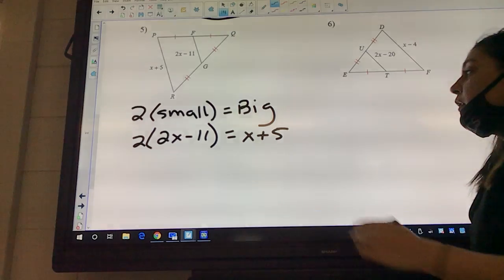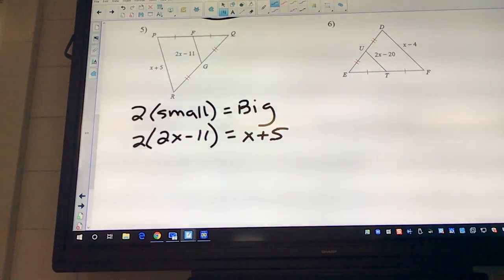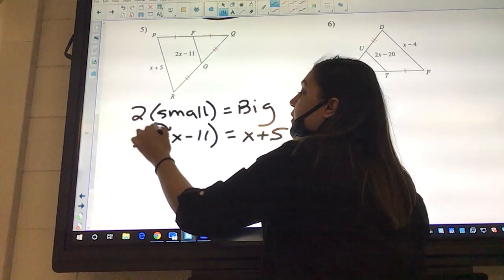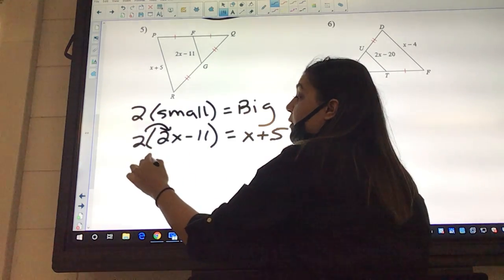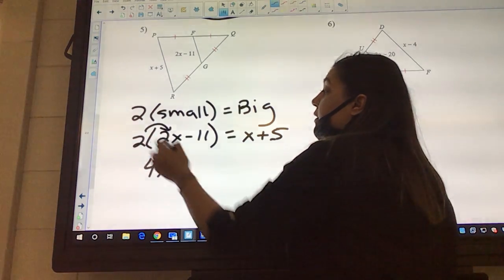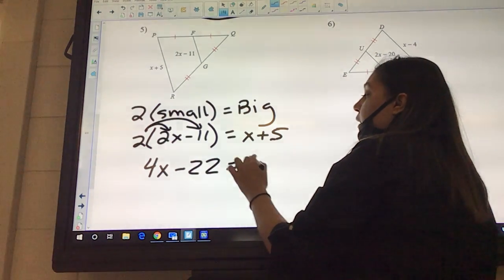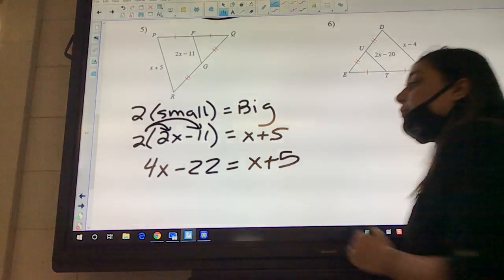Okay, and I'm not picking on you on purpose, but you just weren't here yesterday, so. Okay, what would your next step be? Distribute. Perfect. Okay, so you got 2 times 2x, so 2 times 2 is 4, and you got an x. 2 times negative 11 is going to be negative 22, equals x plus 5.